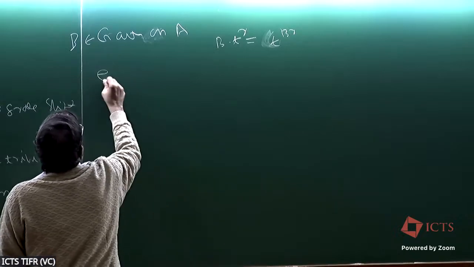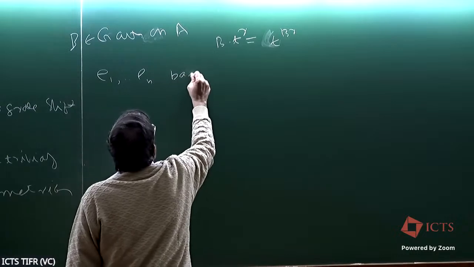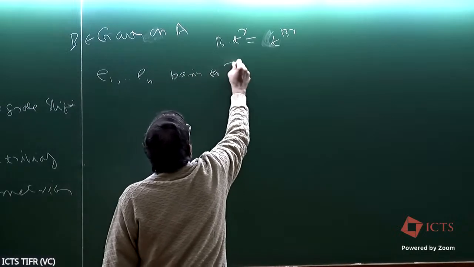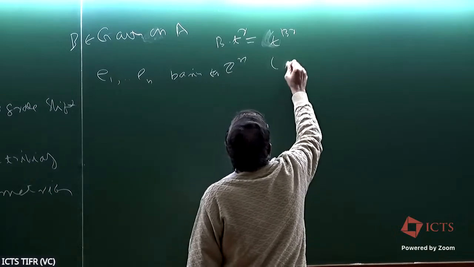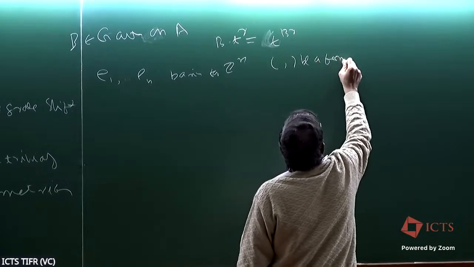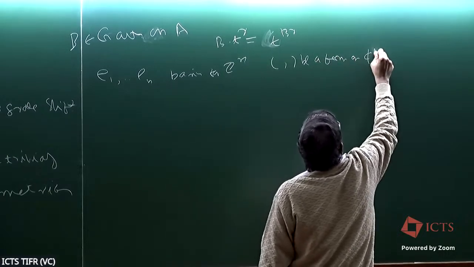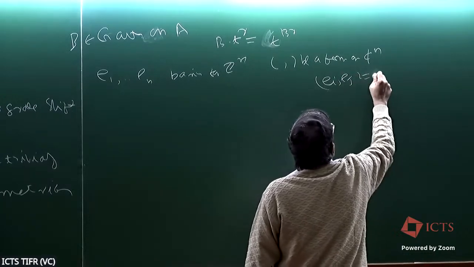So let us say E1, ..., En is a basis for Zn, and also I need this notation, the form on Cn, where Ei, Ej is equal to delta Ij.